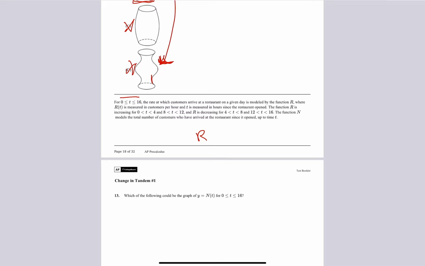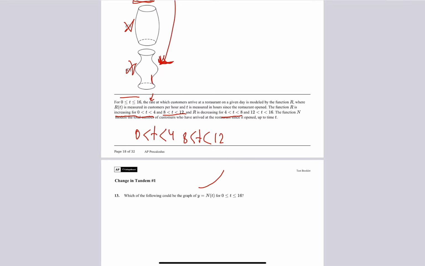Now the function R is increasing for T between 0 and 4, and T between 8 and 12. The rate is increasing, right? They mentioned that. And R represents the rate, isn't it? Yes, it does. So if they're mentioning that it's increasing, that means concave up, right?